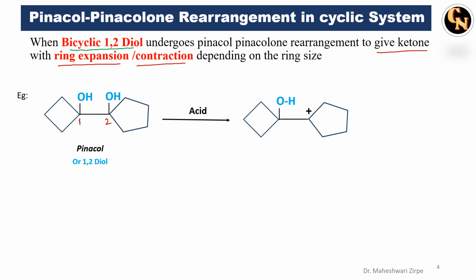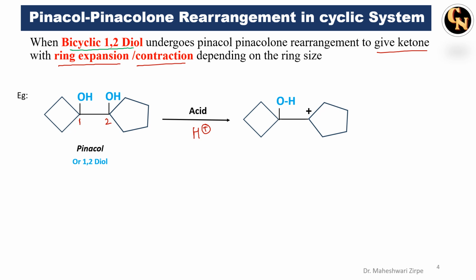So this will undergo Pinacol-Pinacolone rearrangement in the same way, step by step: one of these groups will grab the proton and form a carbocation. As you know, the first step of the Pinacol-Pinacolone rearrangement is formation of a carbocation.